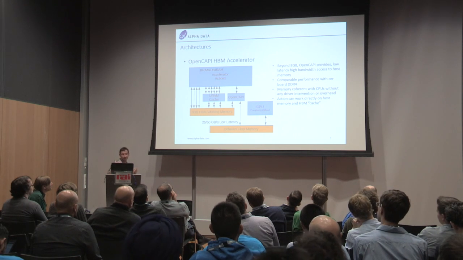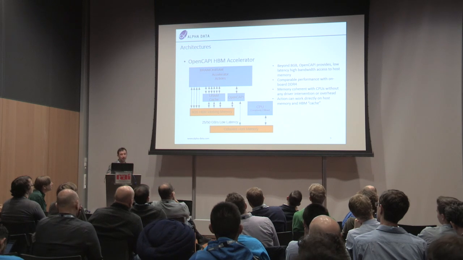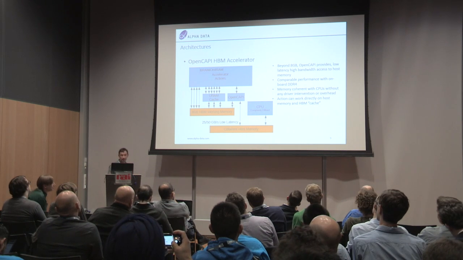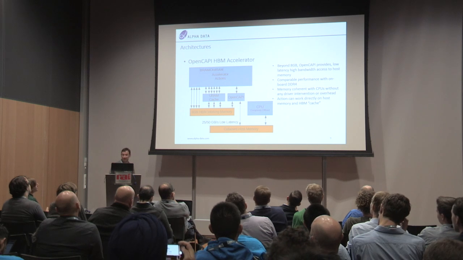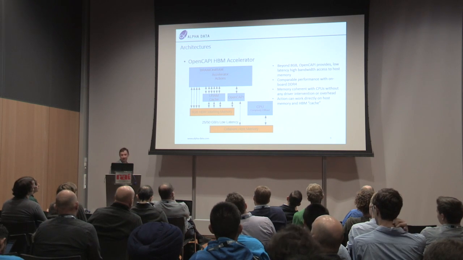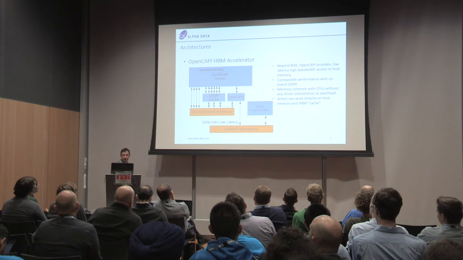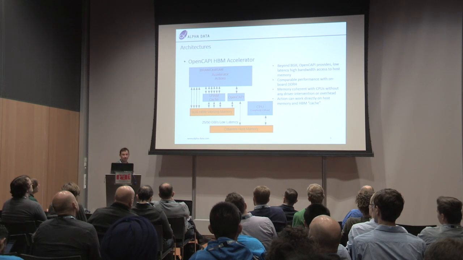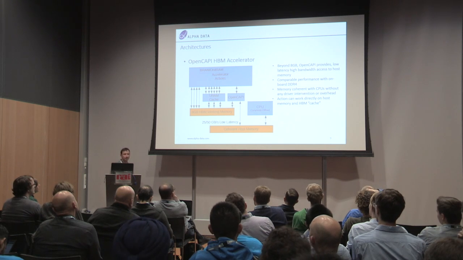So this type of solution would allow you to extend your working memory from just your 8 gigabytes of HBM to also use, with slightly lower performance, your host memory as part of your accelerator memory. And the differences between standard DDR4 on the board and the coherent host memory over OpenCAPI are still within the same order of magnitude.